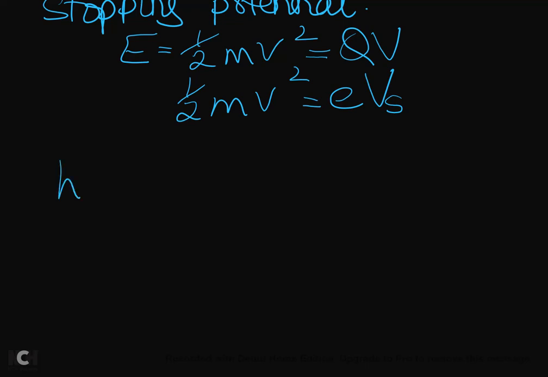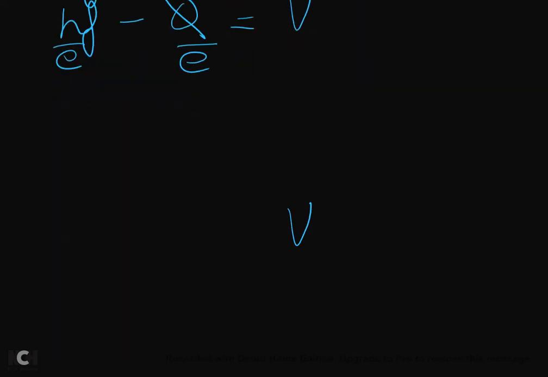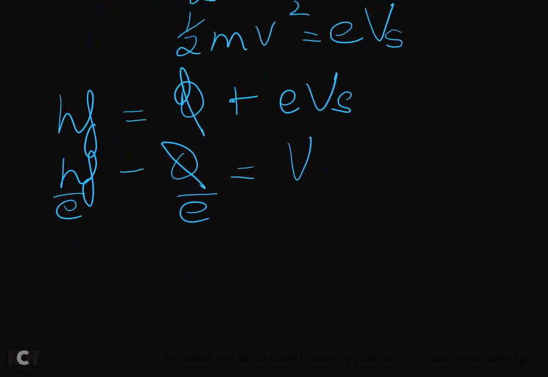So now I go back to Einstein's photoelectric equation, and I have phi plus eVs. Now, if I want to plot a graph of V versus f, let's make V the subject. So it's hf minus phi over e equals V, your stopping potential, Vs.